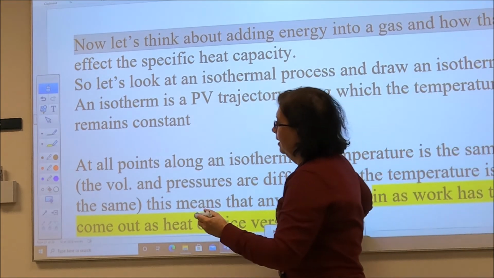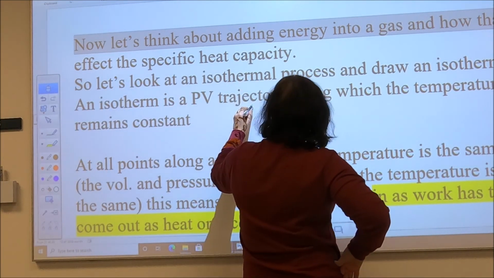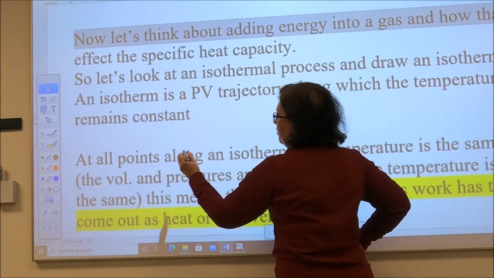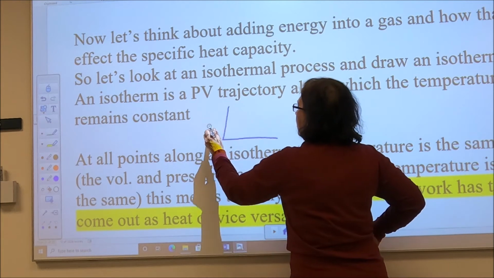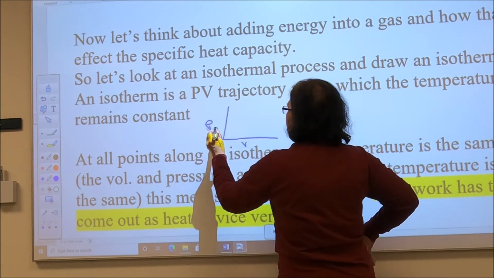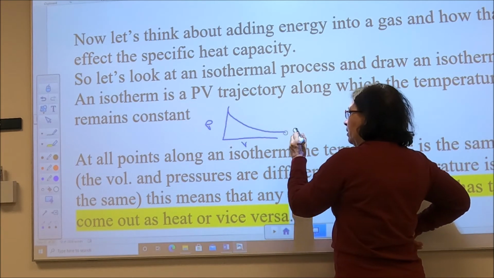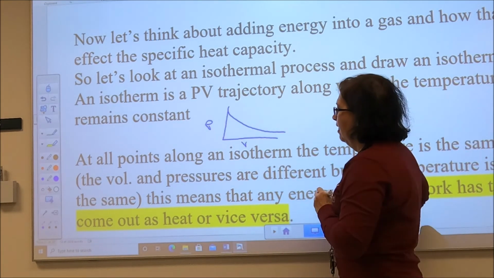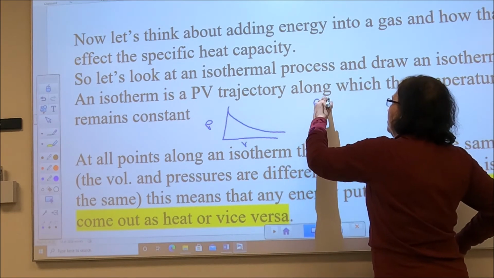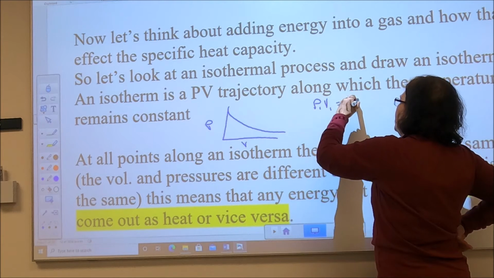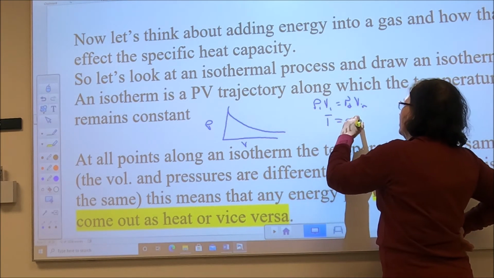On a pressure volume diagram, an isotherm is a line that looks kind of like this. The pressure times the volume are always equal to each other. P1 V1 has to equal P2 V2. Temperature is a constant.